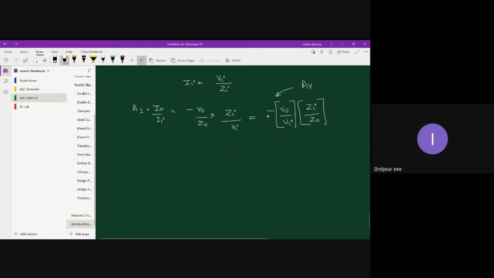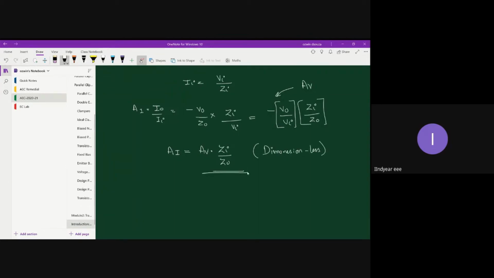So negative V naught by Vi is AV. So you can write the current gain as AI equals AV times Zi by Z naught. Remember the current gain is dimensionless, because voltage by voltage is unitless and impedance by impedance is again unitless.